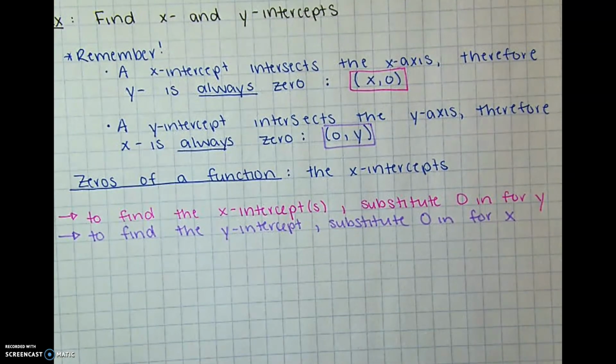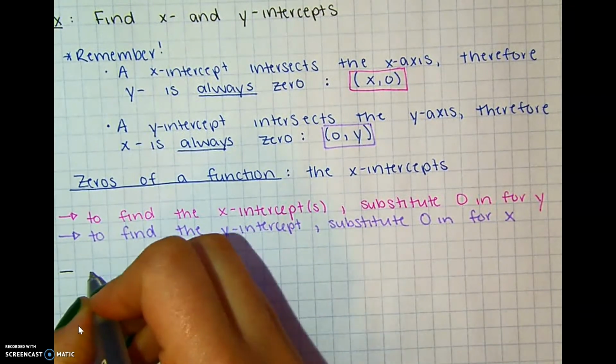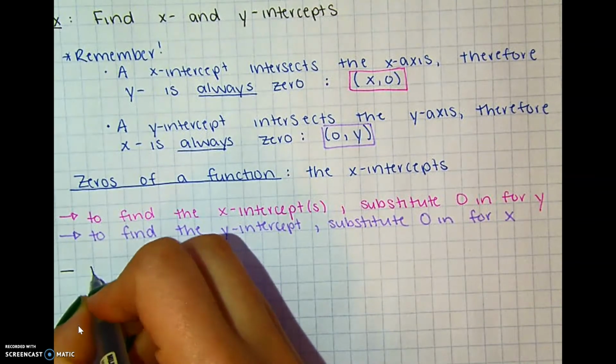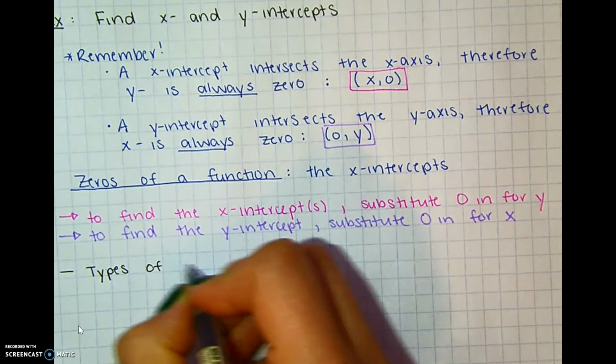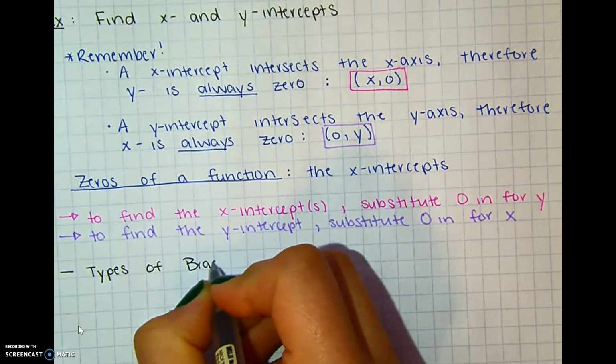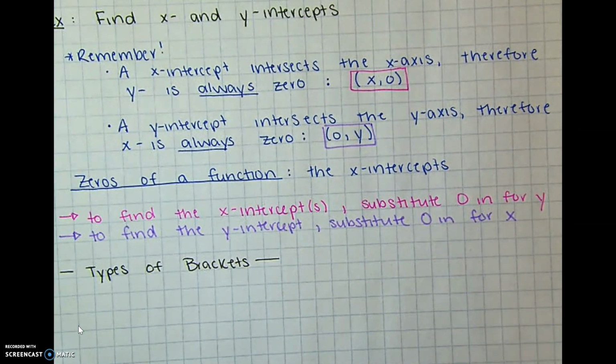Now let's review different kinds of brackets. So we're going to be talking about increasing, decreasing, positive and negative intervals, and we use different types of brackets for notation. So we use two different types.